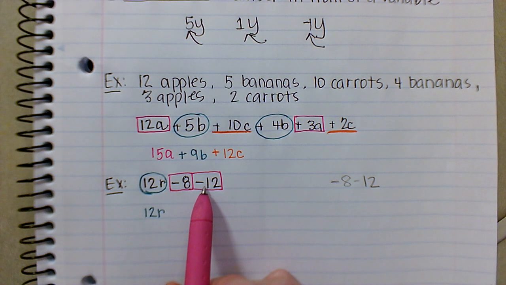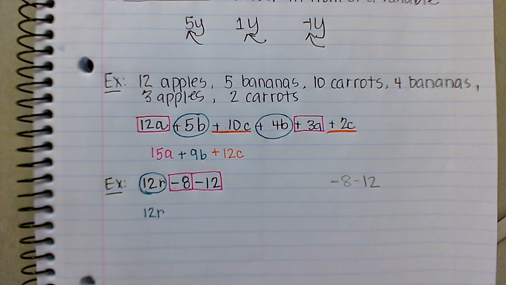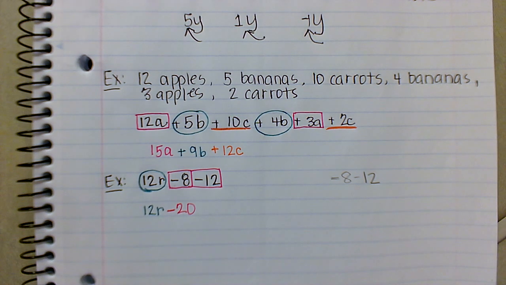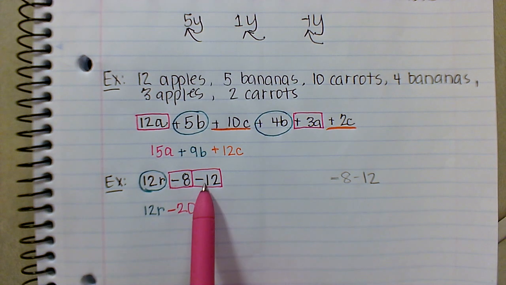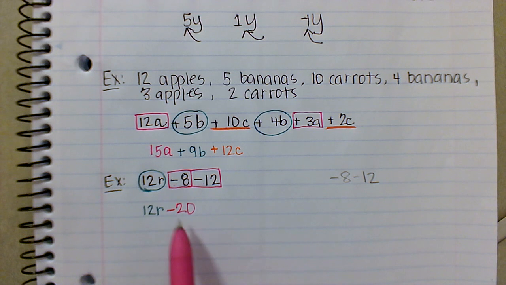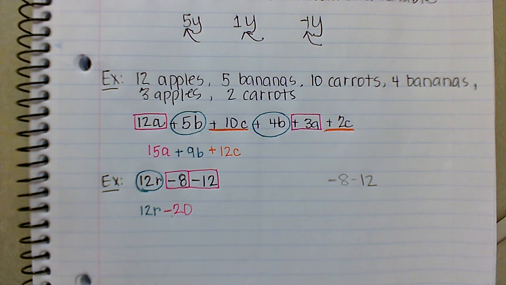Same sign, add and keep. They are both negative, so you add them and keep the sign the same. Yeah, negative 20. Right here. 12R minus 20.